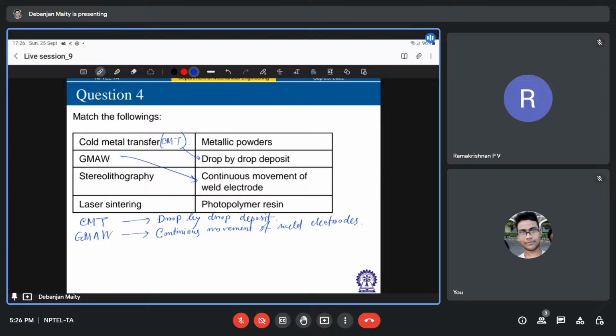Now in CMT, the wire is retracted the instant current flows. So basically, what happens? It breaks the arc, right? And because it breaks the arc, the metal droplet detaches from the filler, and it fuses with the molten base metal, right?